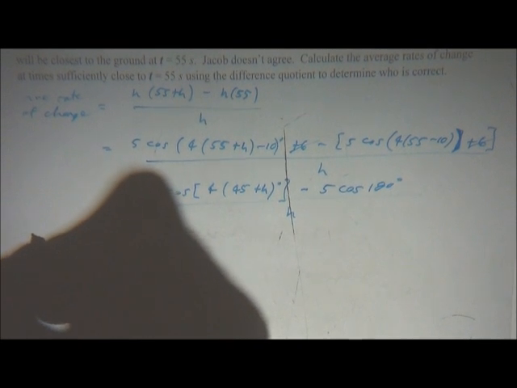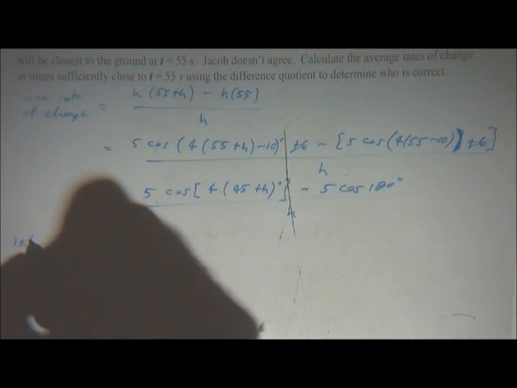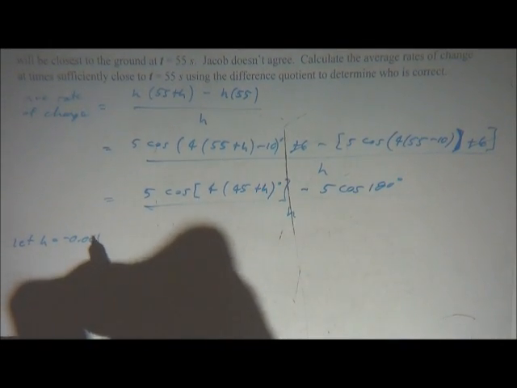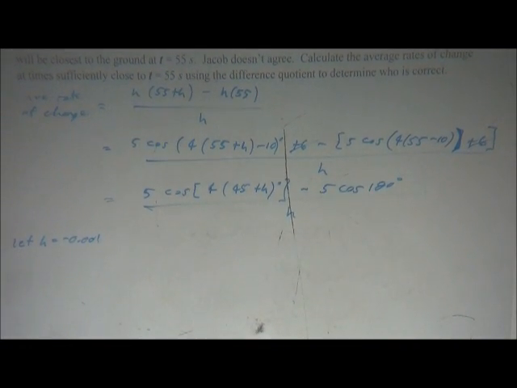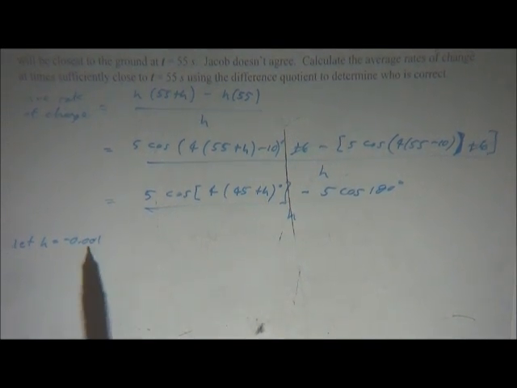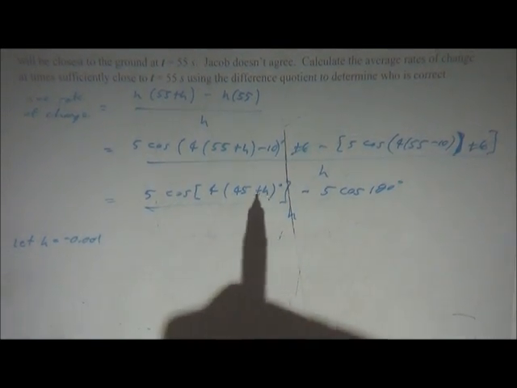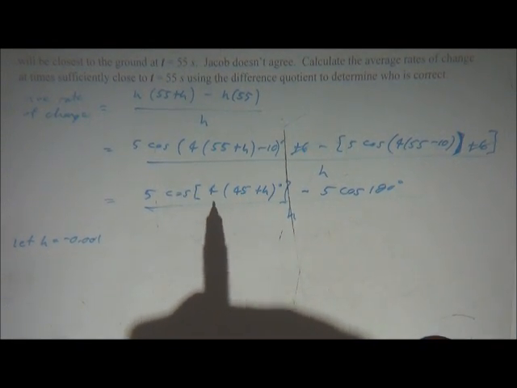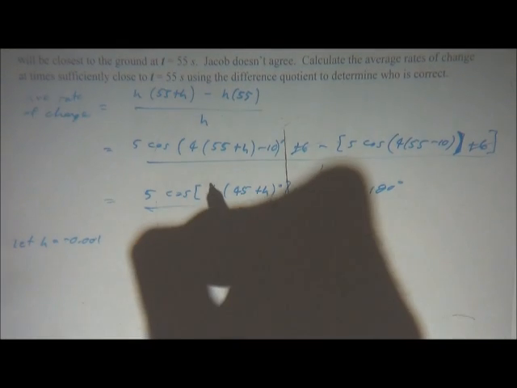So then, importantly here, we're going to let h equal negative 0.001. And I know that maybe that's a little bit smaller than we really need here, but because we're multiplying by 4, after we added 45, maybe things will work out okay.